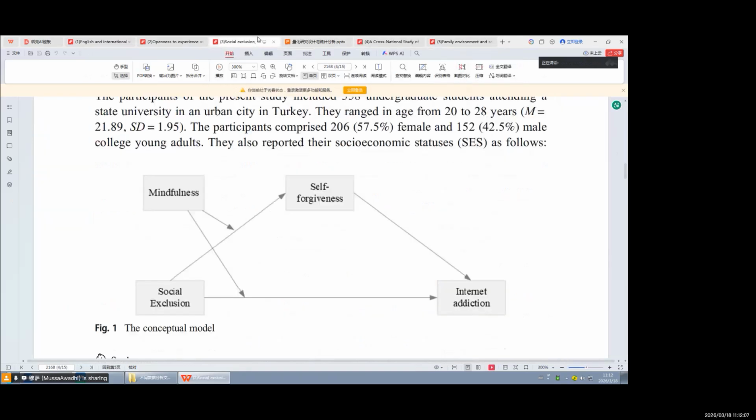So for these cross-sectional studies, we can only know their correlations. We only know they are correlated. We'll never know which is the antecedent, which is the consequence.